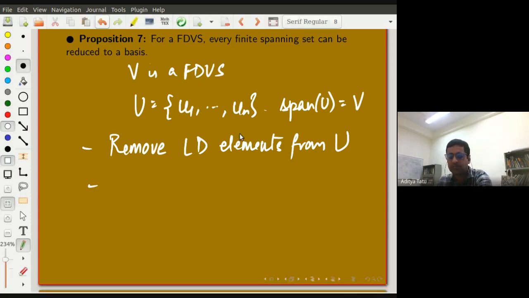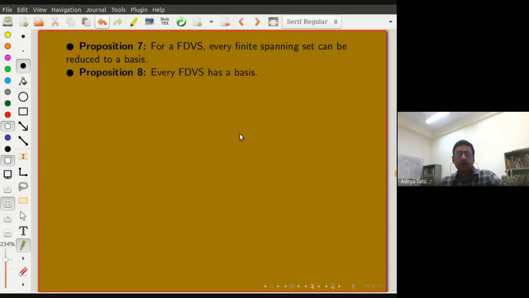So let's get into this. The next proposition is an implication of proposition 6 and 7. It says that every finite dimensional vector space has a basis. That again is evident. Why? Because what is the definition of a finite dimensional vector space?